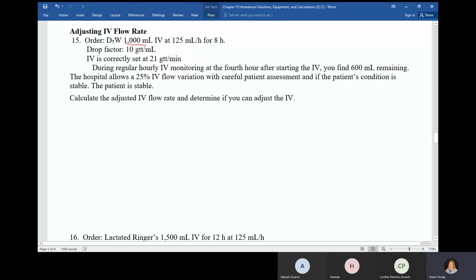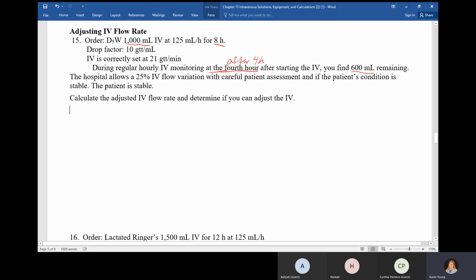that we're supposed to run through a patient's body. I can't draw a straight line to save my soul today. And it's going to run for 8 hours. All right, so you look, and you have 600 milliliters remaining at the 4th hour, after 4 hours.